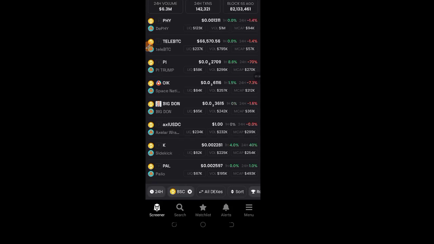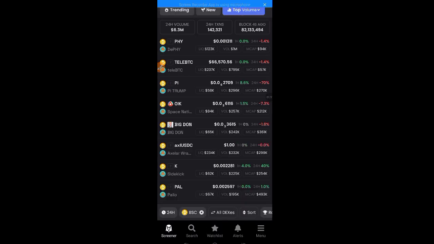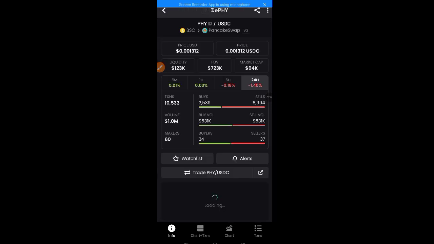I will be showing you 3 things. The first thing I want to show you is the ratio of your market cap to your liquidity. Liquidity, let me look at this first token here, PHY. Liquidity has to do with the amount of money available for the trading of that pair. What I mean is, this is PHY/USDC and it is listed on PancakeSwap, as you can see at the top of the DEX Screener.